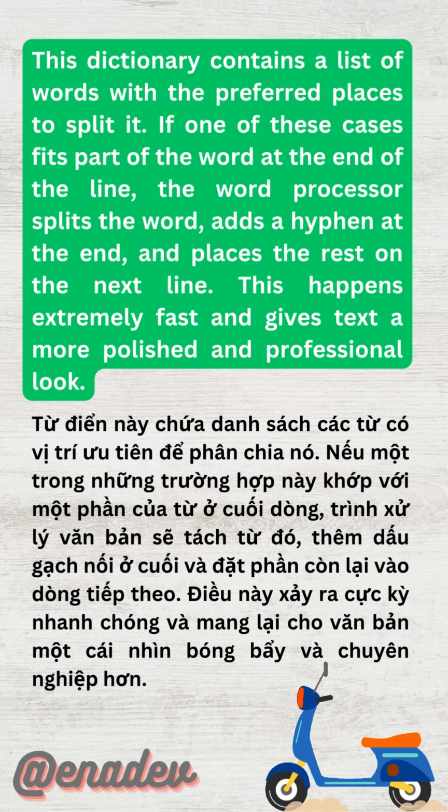This dictionary contains a list of words with the preferred places to split it. If one of these cases fits part of the word at the end of the line, the word processor splits the word, adds a hyphen at the end, and places the rest on the next line. This happens extremely fast and gives text a more polished and professional look.